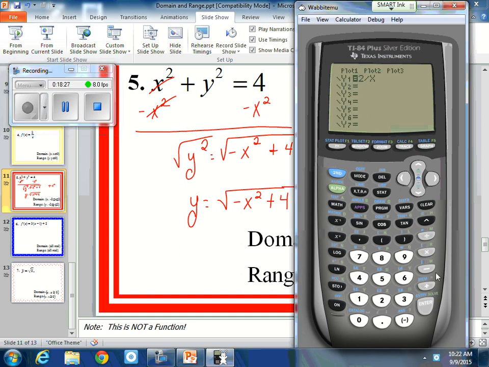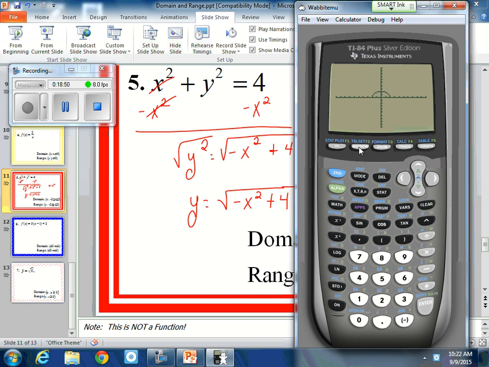So we're going to go to y equal to, and we're going to write down second square root, negative x squared plus 4. And then I'm going to graph it. And there it is. Looks like a little happy face.